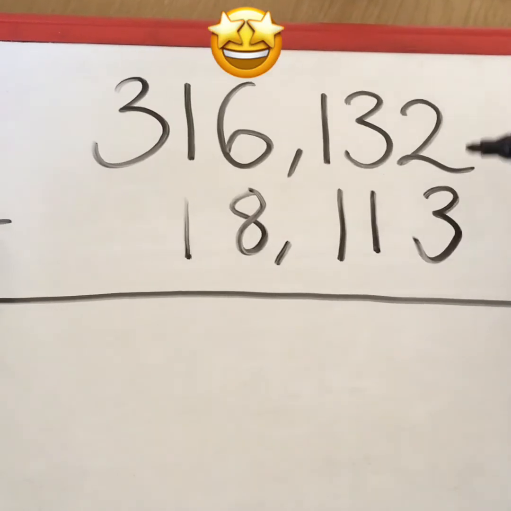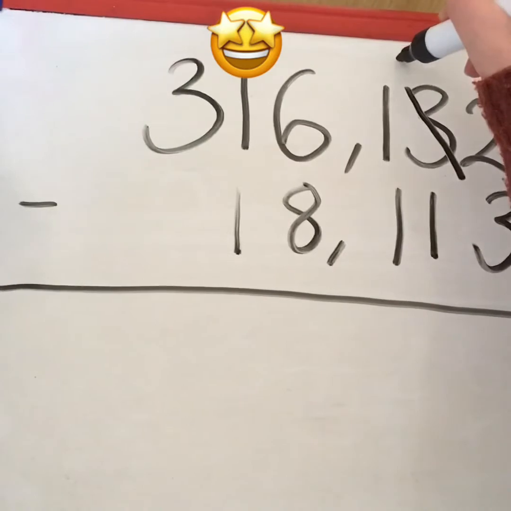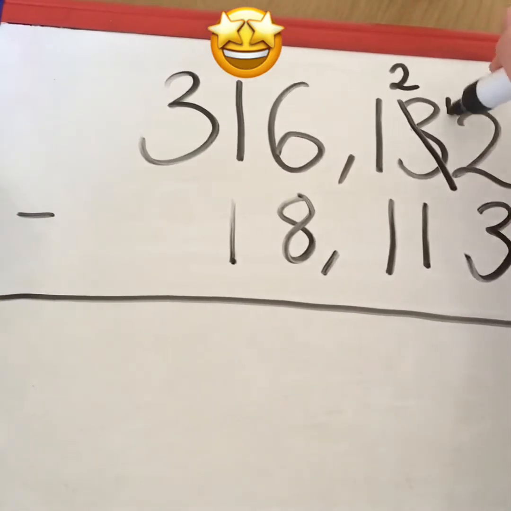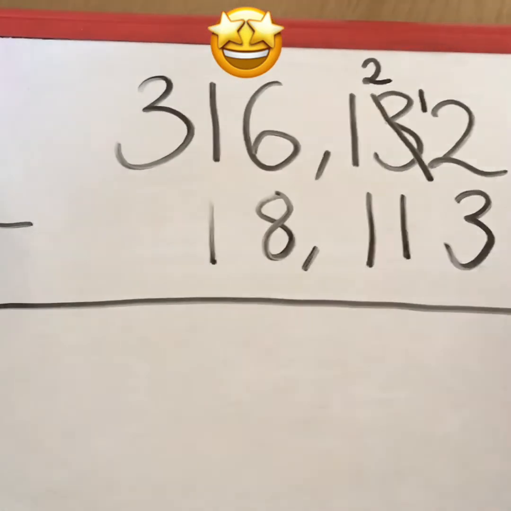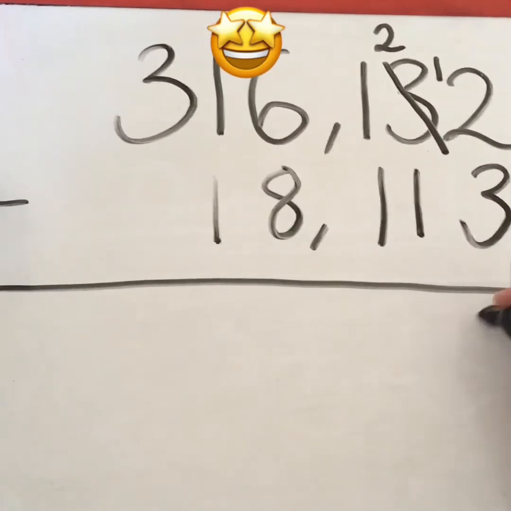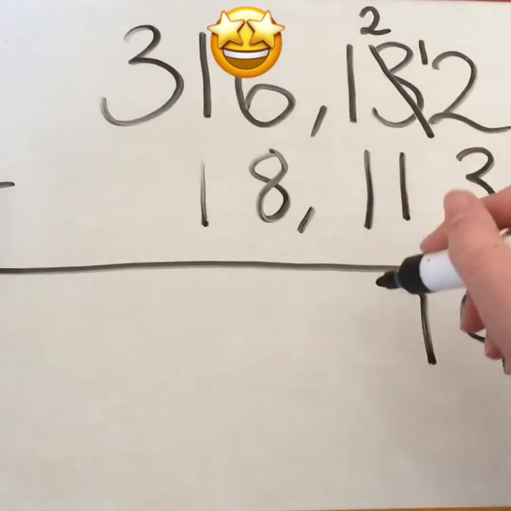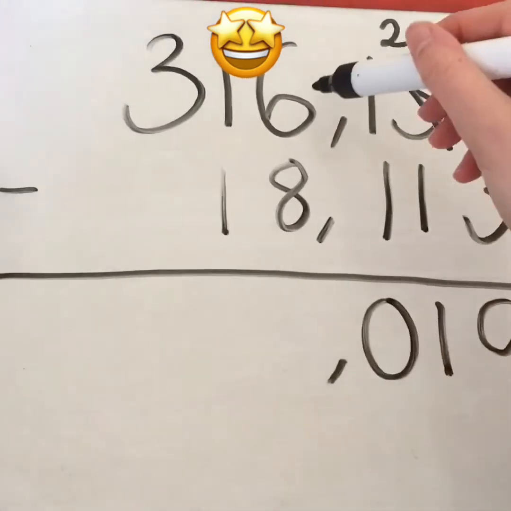So 2 ones take away 3 ones. I can't do that. So I need to go next door. I take one of those 10s and I turn it into 10 ones. I rename it as 10 ones. So now I've got 10 ones and 2 ones. That makes 12. 12 take away 3 is 9. 2 tens take away 1 ten is 1. 100 take away 100 is no hundreds.